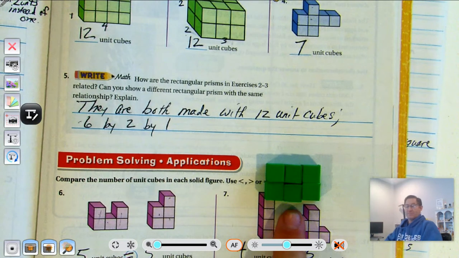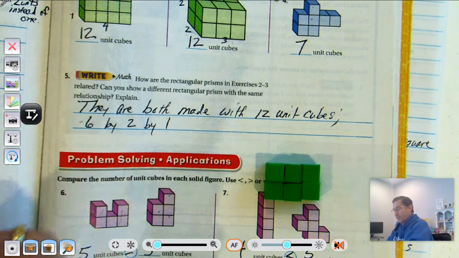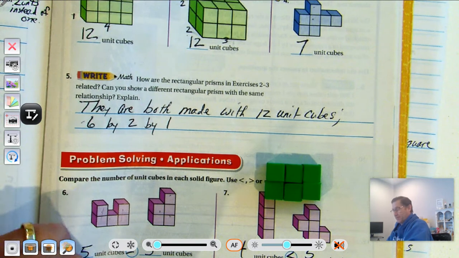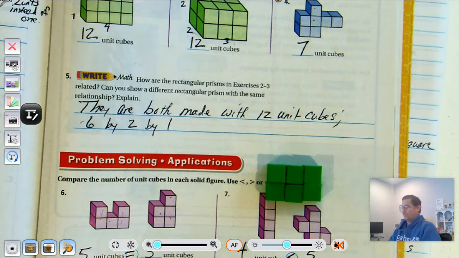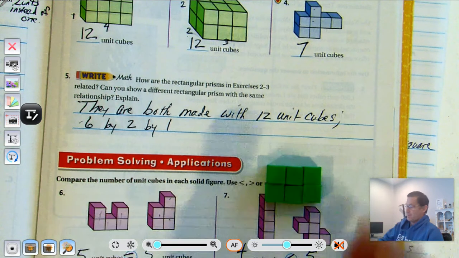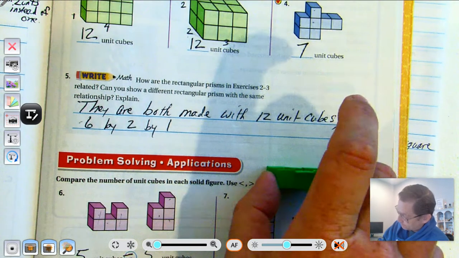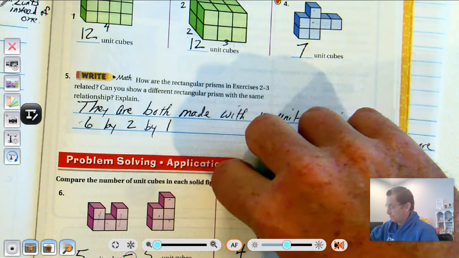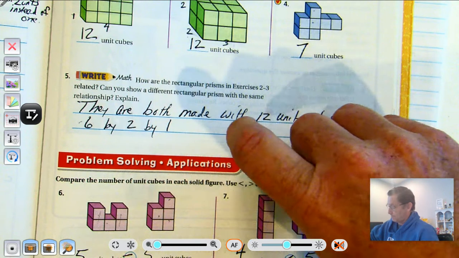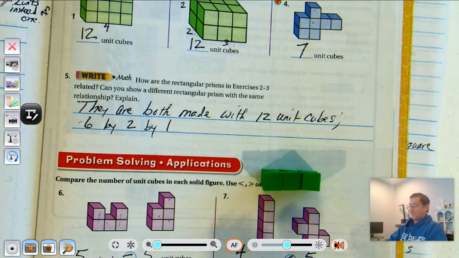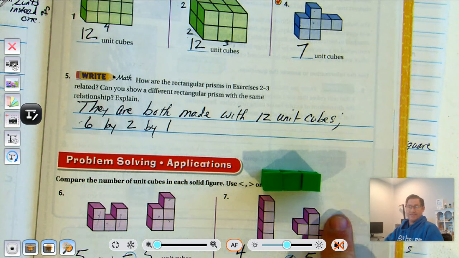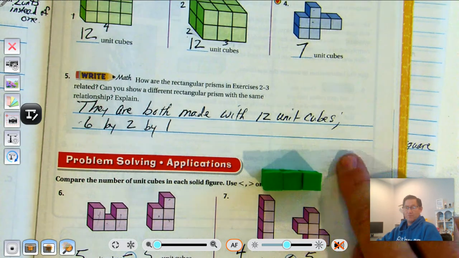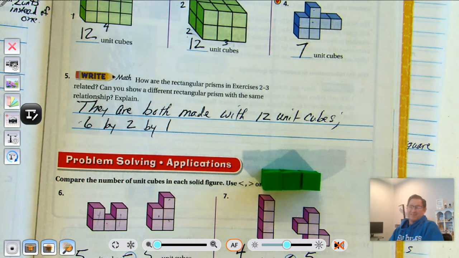We have 3 times 2 times 1. 3 by 2 by 1. Okay. Or I could stack them, still have a length of 3, a width of 1, and a height of 2. But it's still basically 3 by 2 by 1, right?